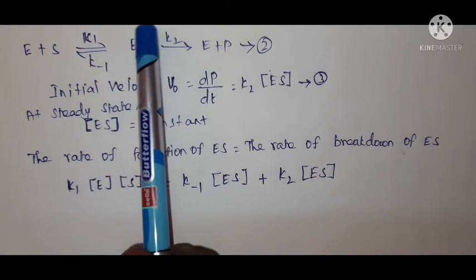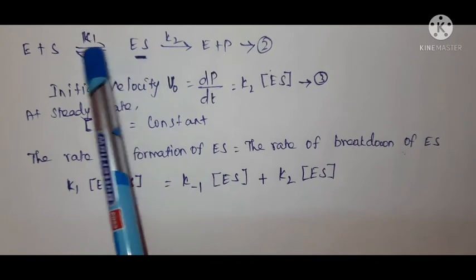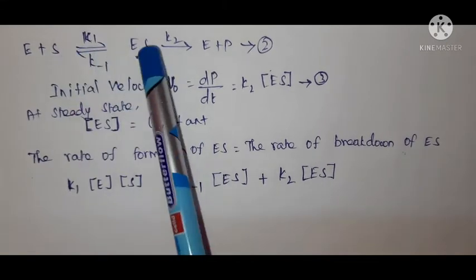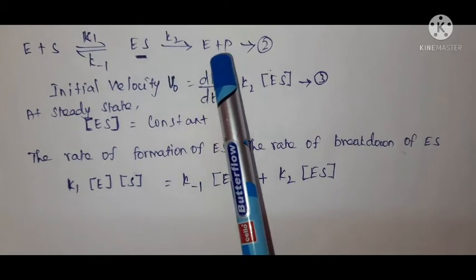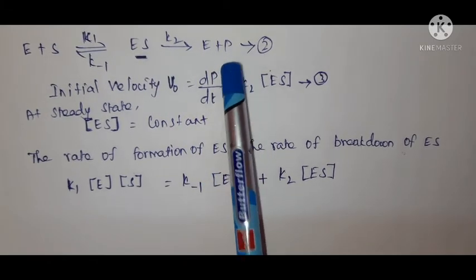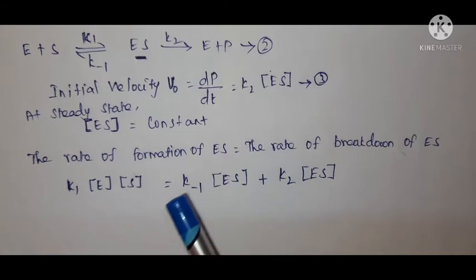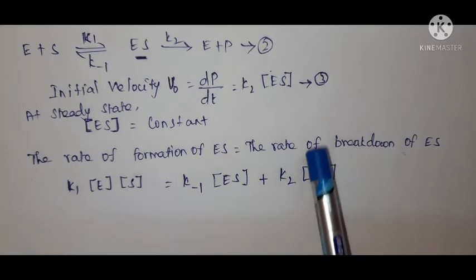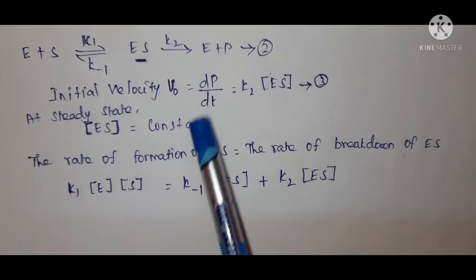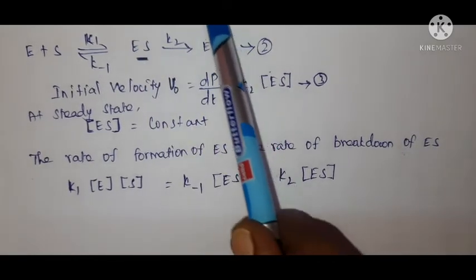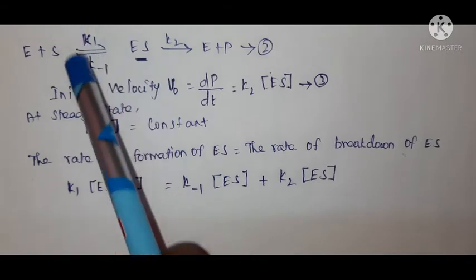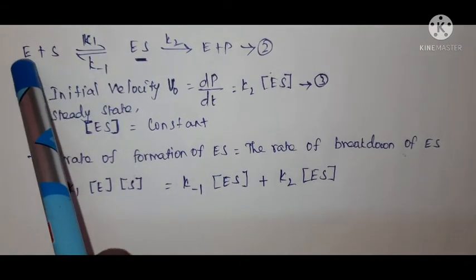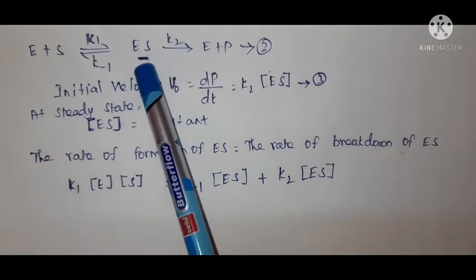One is that the enzyme substrate complex breaks down into enzyme and substrate, and in the other way, the enzyme substrate complex breaks down into enzyme and product. This is the difference between the steady state approach and the rapid equilibrium approach. In the rapid equilibrium approach, they don't consider this breakdown step. They consider only the first step, that is, there is an equilibrium between enzyme and substrate and the enzyme substrate complex.